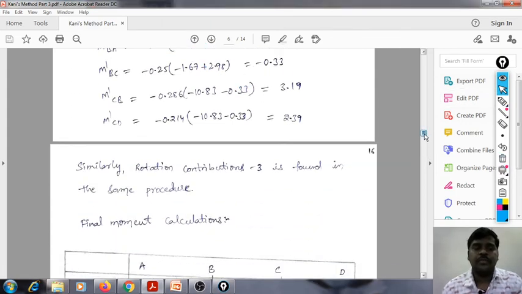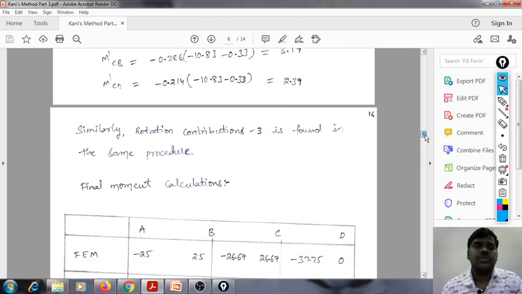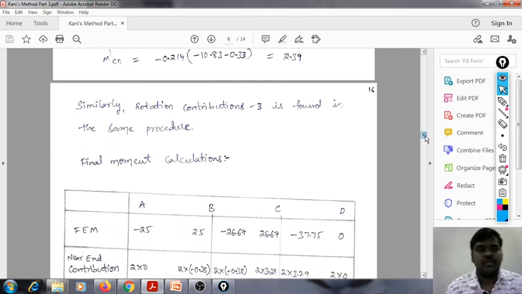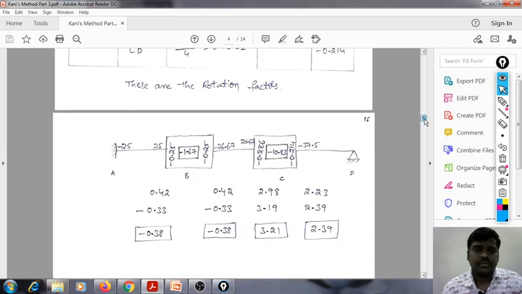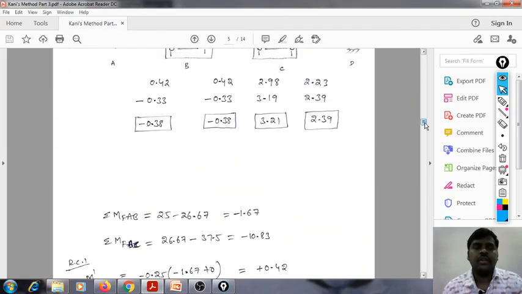So similarly, rotation contribution 3 we also found in the same procedure. If you look at rotation contribution 3, we can see similarity, 2.99 and 2.9, 3.19, and only 0.02 difference is there. Here we have 0.05 and here we have 0.05.